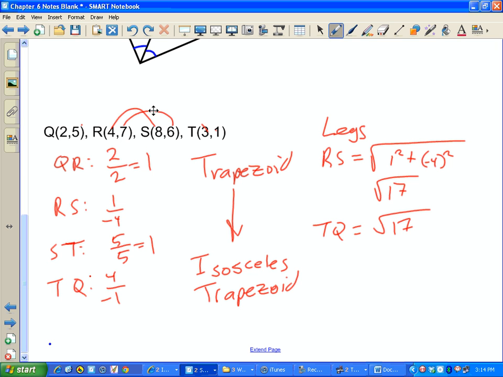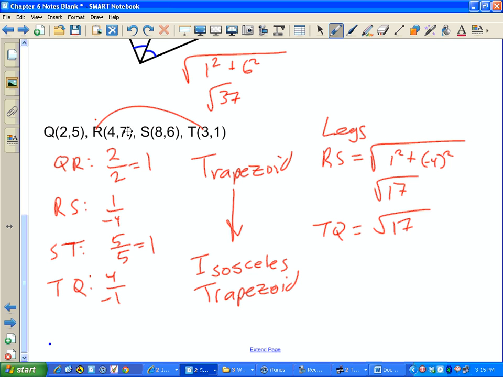I also could have checked the diagonals. The diagonals would be QS and RT, and I could see if those are congruent. Let's just check it as extra practice. QS, the distance from Q to S: 6 minus 5 is 1, 8 minus 2 is 6. So 1 squared plus 6 squared, 36 plus 1, I get the square root of 37.